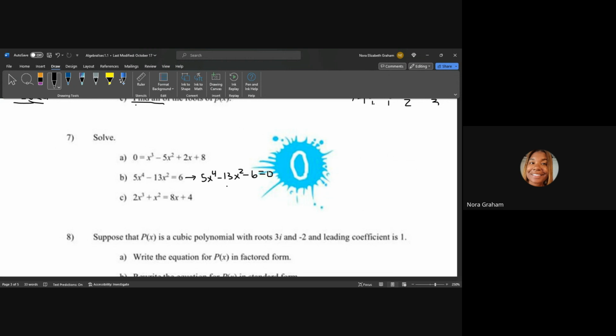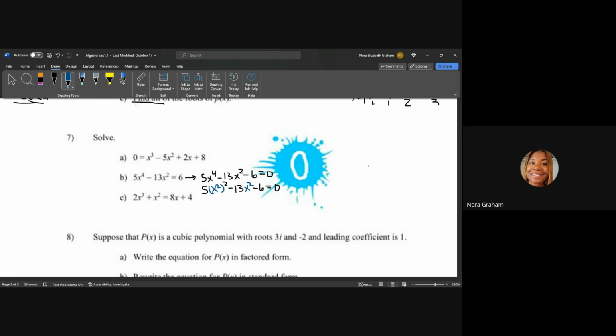Notice right here, I can rewrite this as 5 x squared, squared, minus 13 x squared, and then minus 6 equals 0.